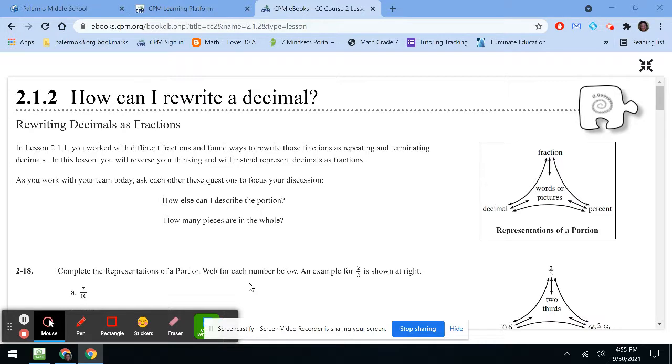Sometimes kids get a little frustrated with me because I don't use the word number, but instead I use value. And this is the reason why. We have up here a fraction, and we also have this representation of a portion, the decimal equivalent. So they have the same value. They're not the same digits, not the same numerals.